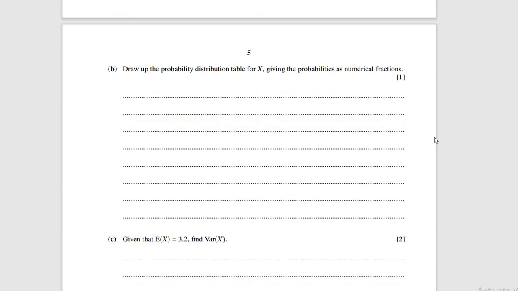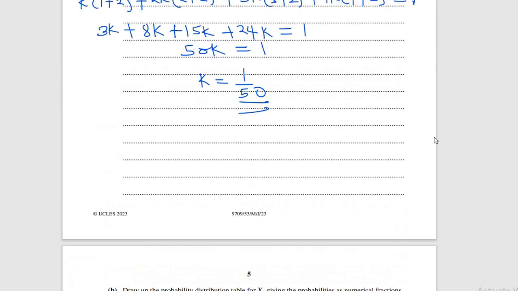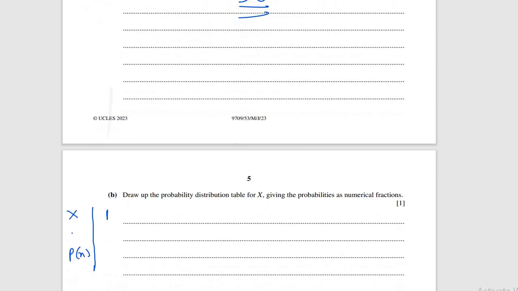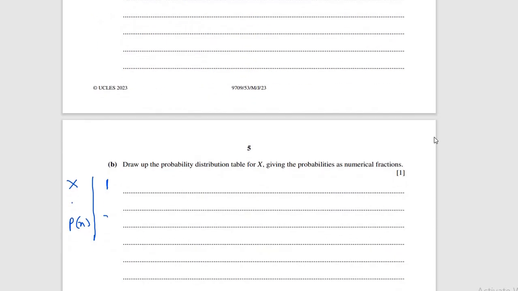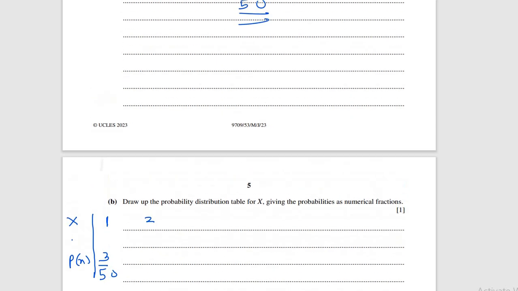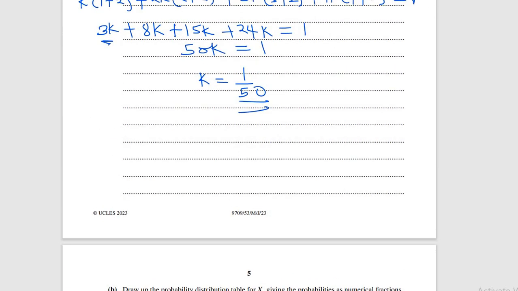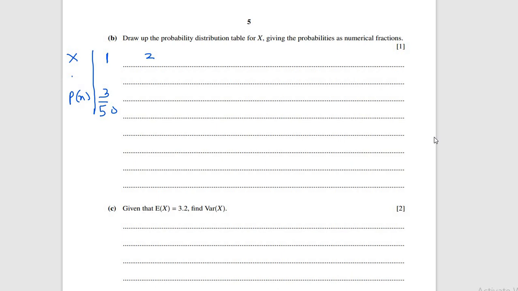We should draw the probability distribution of x. Okay, x and the probability. When x is 1, of course you know that it's 3k and k is 1 over 50, so this one is 3 over 50. When x is 2, it's 8k, 8 over 50.